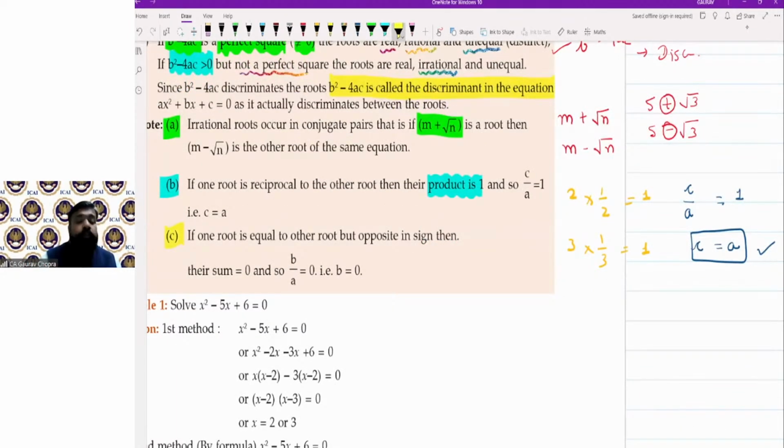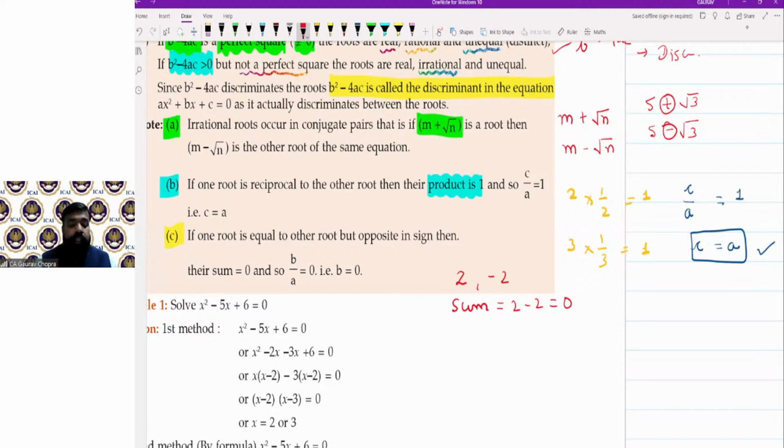Then comes the point number C. If one root is equal to the other root, but signs are opposite. Sign opposite है. Like one root is 2, other is -2. So in such a case, what will be the sum? इनका sum क्या होगा? Sum will be 0. If one root is 5, other will be -5.